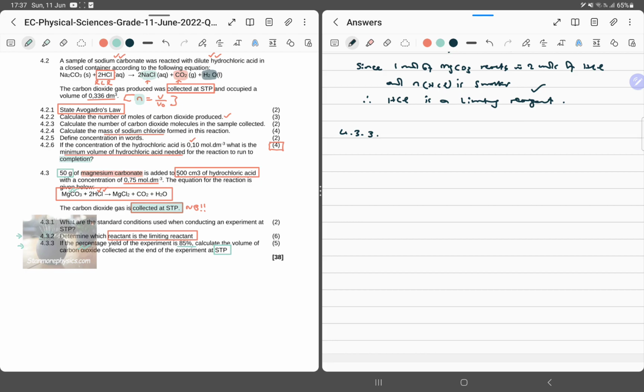Or is it actual versus theoretical? Sometimes my brain. Let's see. The theoretical is usually an overestimation, so it's going to be the actual versus theoretical.